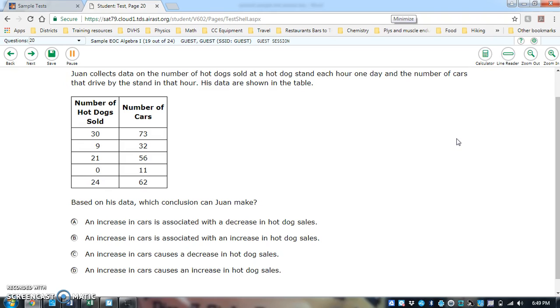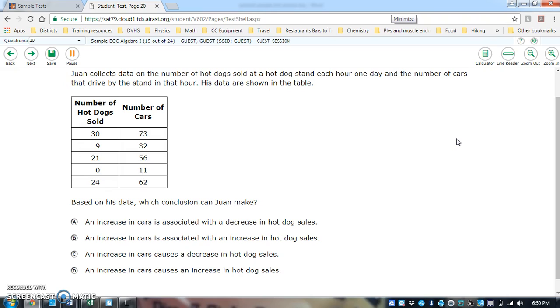Well, he's going to say that an increase of cars is associated with a decrease in hot dog sales. That means that the cars affect the hot dogs sold. Well, that's probably not going to, well, maybe it is. That could possibly be the case, that more cars would affect the hot dog sales.